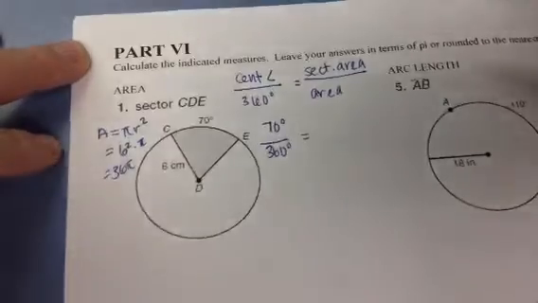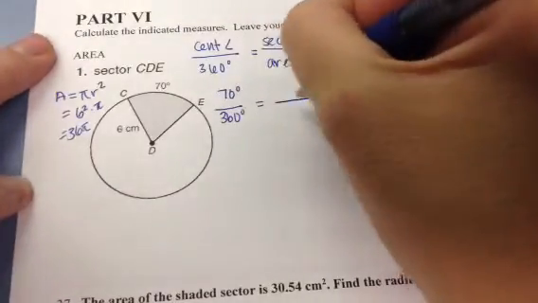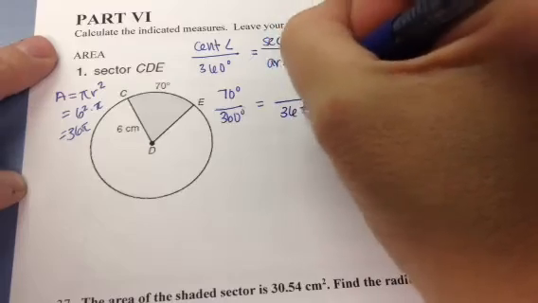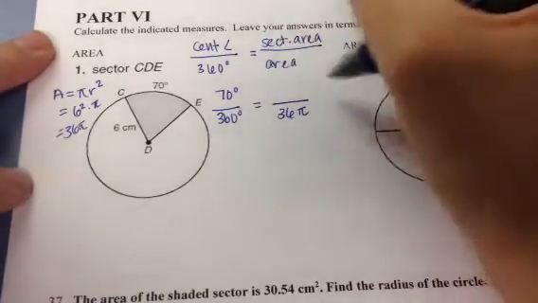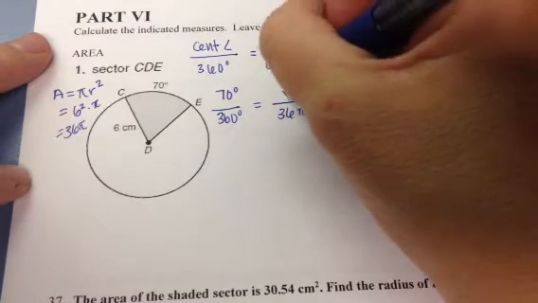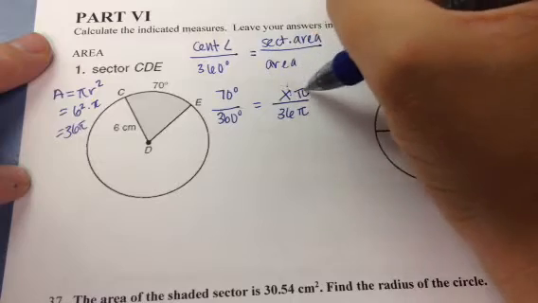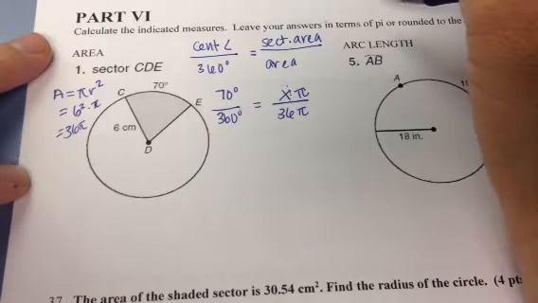So my area is 36 pi. Now if you're going to leave your answer in terms of pi, then in your proportion you would just write 36 pi. And when we find the area, we know it would also be in terms of pi. So I'm going to say x times pi. So I really just have to find that multiplier of pi that corresponds to 36.